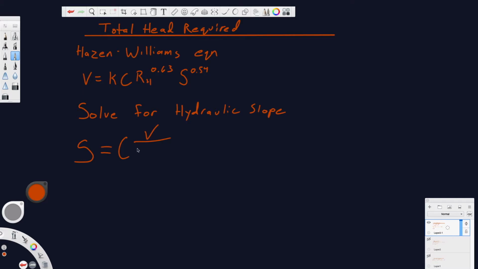Oh, and I totally forgot our K value, because this is an empirical equation. Our K value is a correction factor for the units that we're using. So if you're using American units or whatever they're called, then you're going to have this correctional factor of 1.318.